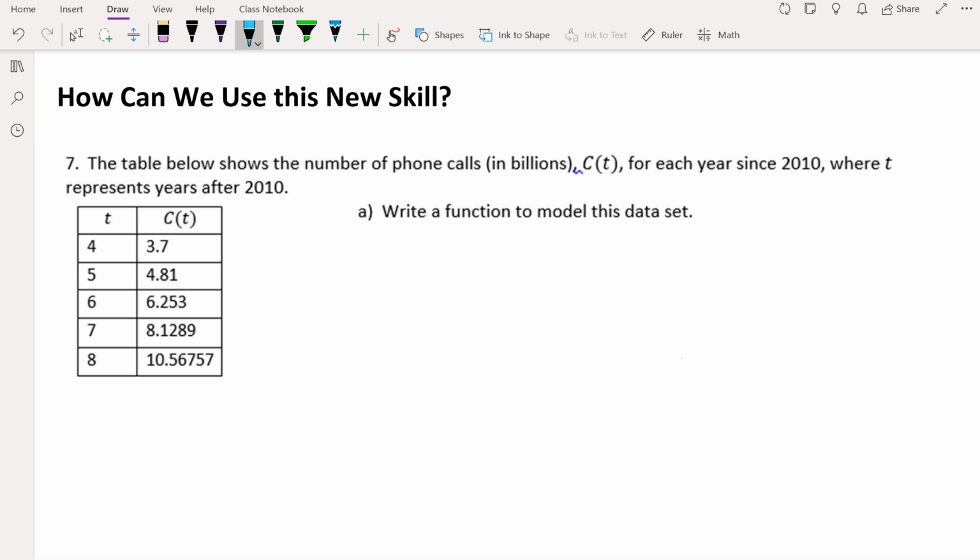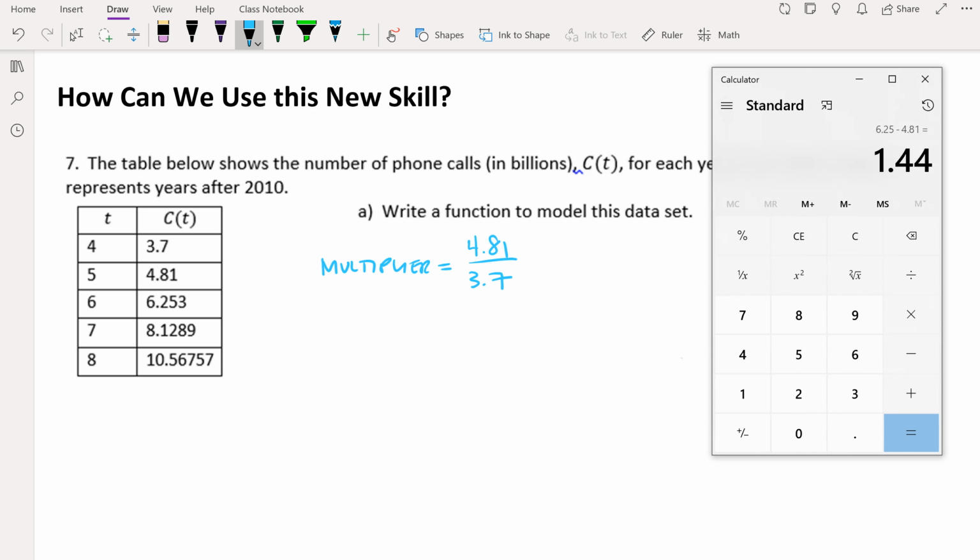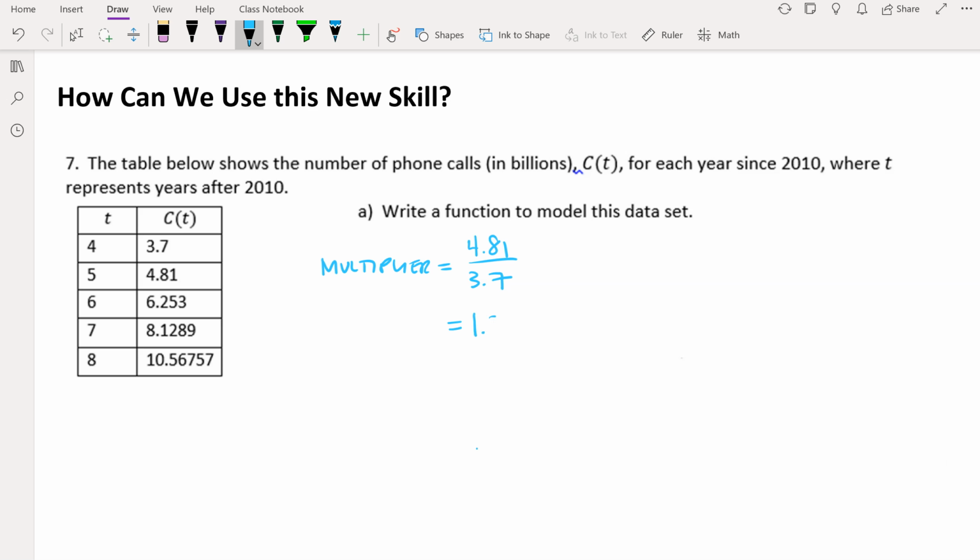Now let's check if it's exponential. Remember how to find the multiplier. The multiplier would be the second y value, 4.81, divided by the first y value, 3.7. Let's try that. So 4.81 divided by 3.7 equals 1.3.